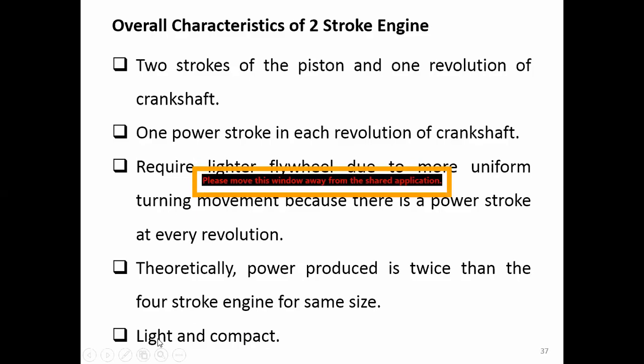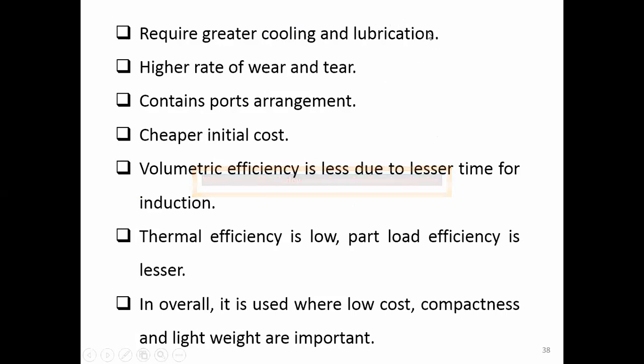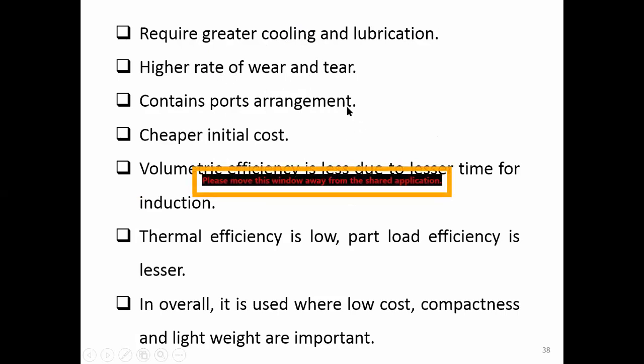And the engine is lighter and more compact than the four-stroke engine. But since it has power every time, it requires greater cooling and greater lubrication. And since it works very hard, it has a higher rate of wear and tear. It needs no valve. You can use the port arrangement to do the scavenging.